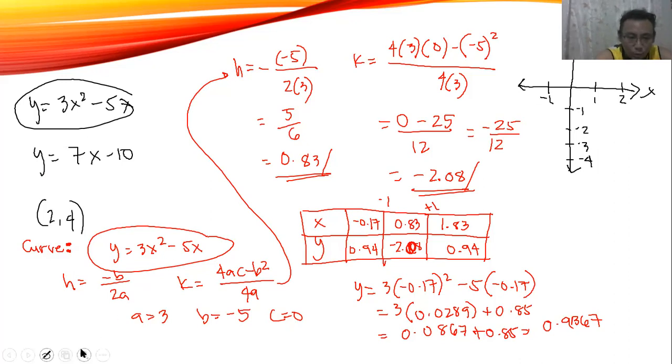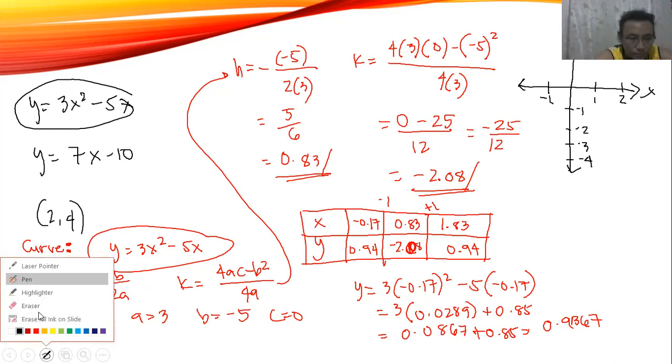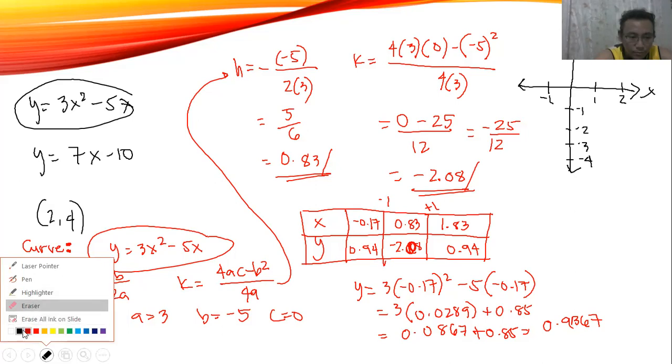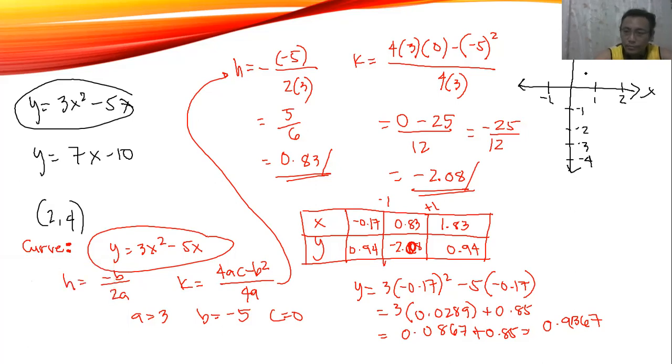Wait, dagdagan natin sa y. We have 1, 2, 3, 4. Oh. So, assuming that this is a perfect Cartesian plane, syempre mahirap dito kasi hindi naman ako ganun kagaling mag-drawing, you know.